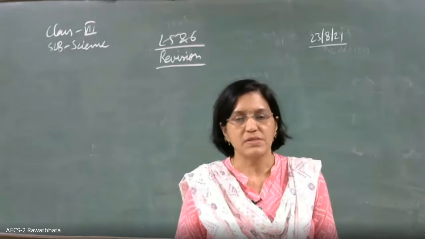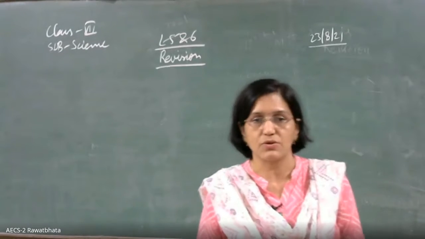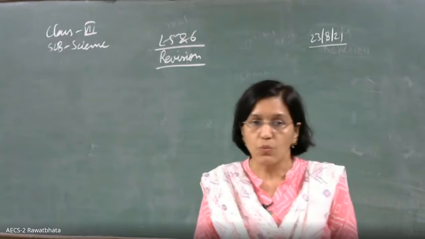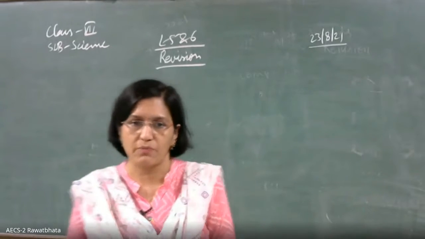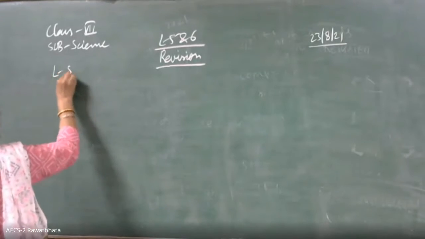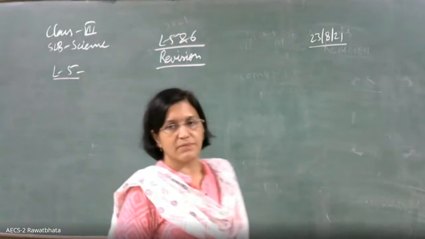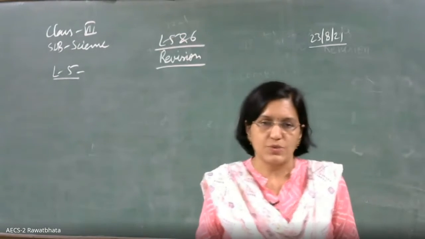Lesson number 5 and 6, the first chapter we are going to deal with today is about acids, bases and salts. And what type of questions can we expect from this particular chapter? As the word itself indicates, we are going to go page wise.